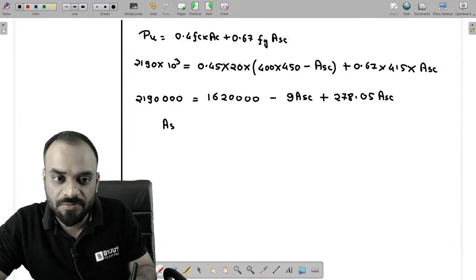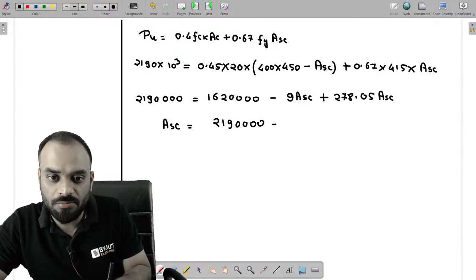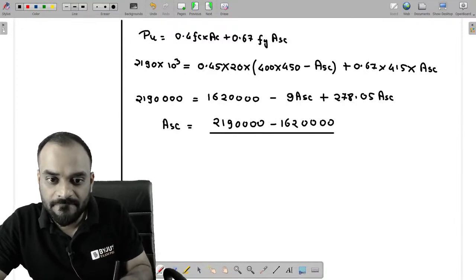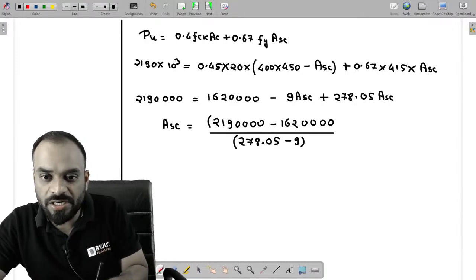ASC is equal to 2190000 minus 1620000 divided by 278.05 minus 9. Kindly solve it. You will get the area.